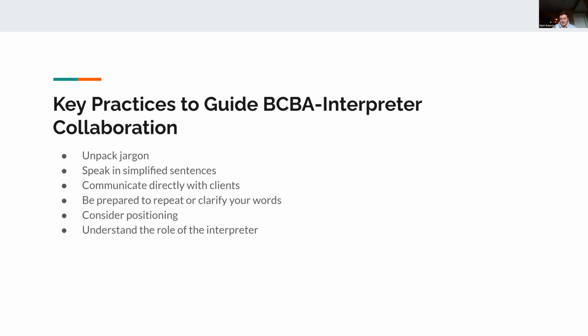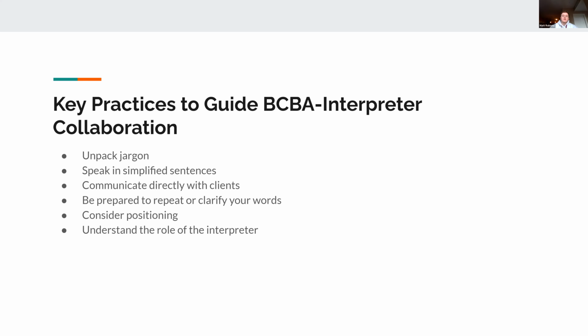Now, any of us that are in the BCBA program or have some familiarity with behavior practice probably know what that means. But even for me, I have to think about it a little bit. For anyone else, they're probably going to have no idea what that means. So the second sentence is, we will conduct an assessment to determine the reasons the behavior occurs to help us determine why your child does the behavior. So a little bit simpler, but I think even that second sentence, you might need to repeat it or unpack some of those words as well.